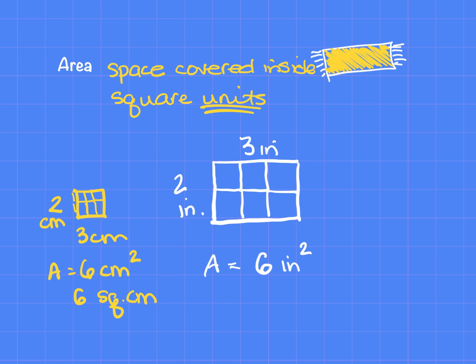We get it by multiplying how many units we have in terms of the length times the width, or we can also call it our base times our height. That's going to tell us how many are in this direction and how many are in this direction. And our units tell us what size squares we're dealing with. The quantity tells us how many, the unit tells us what size we have.